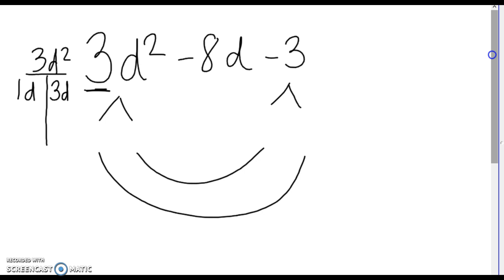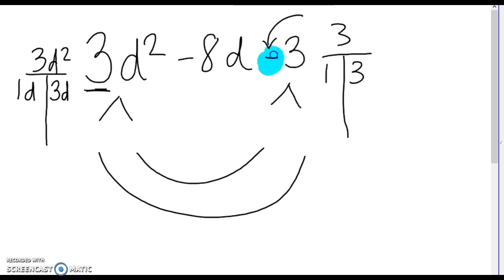Then I come over to the right and it says negative 3. So I want to think about that negative 3, but first I'm just going to pull apart my factors. The only way that I can get 3 is 1 and 3. So now is when I want to think about, all right, this right here is a negative.